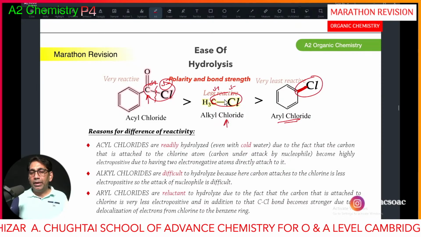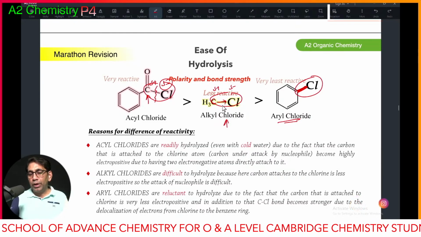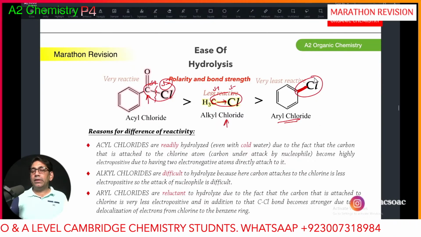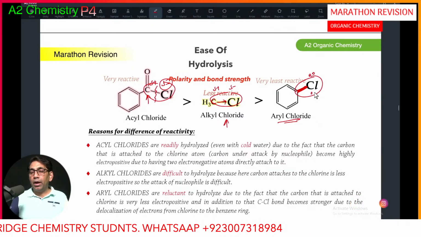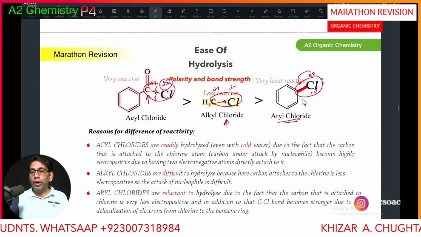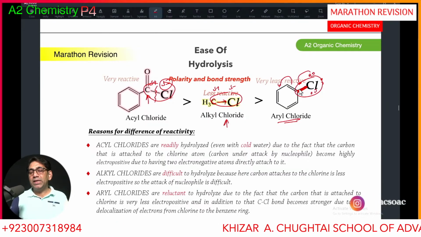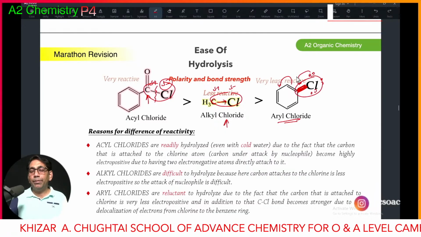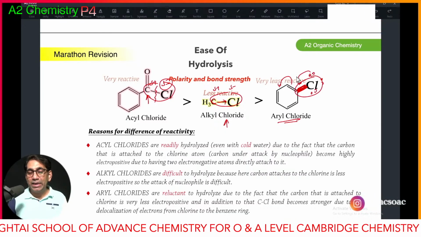However, this carbon is also showing positive inductive effect in this case as well. But in this case, this lone pair of the chlorine is again going to delocalize on the benzene ring, and this phenomenon is going to strengthen the C-Cl bond on the benzene ring.